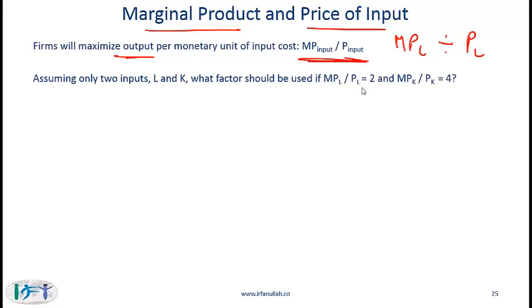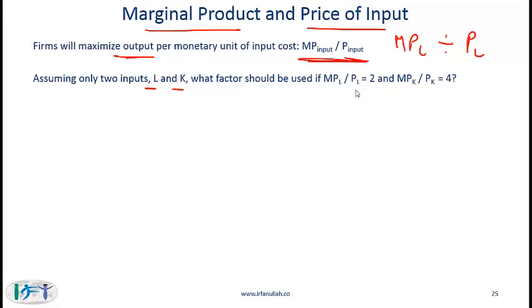Now think about this. Assuming 2 factors or 2 inputs, one is labor, one is capital, and you are running this particular firm, what factor would you use if the marginal product, so this is your output, per price of labor? Ultimately what matters is the money that you are paying.